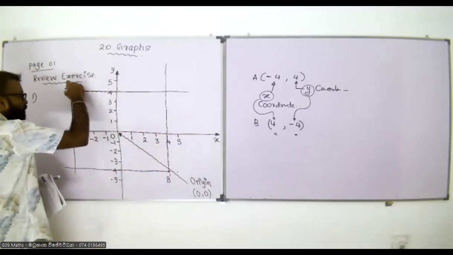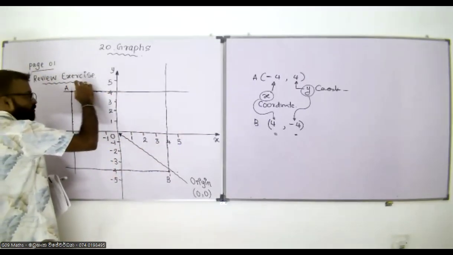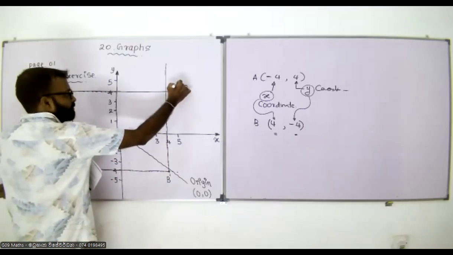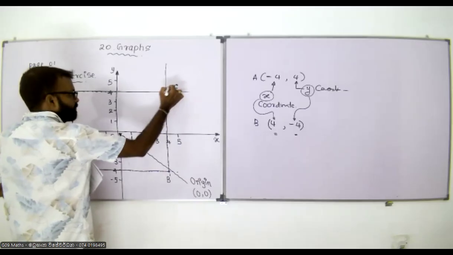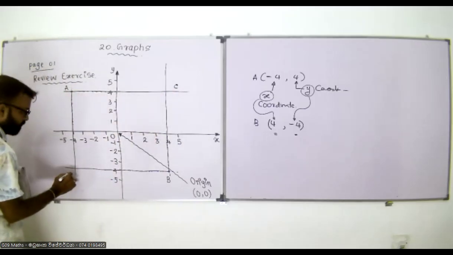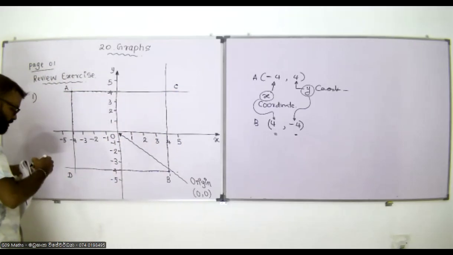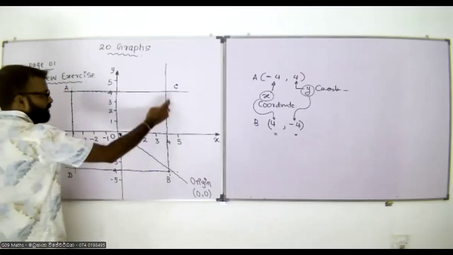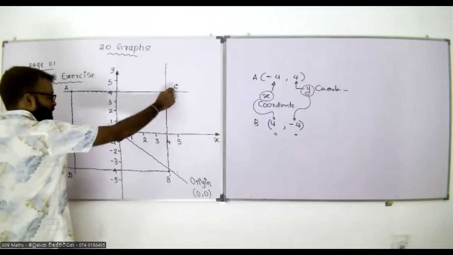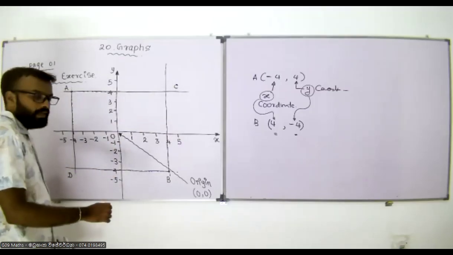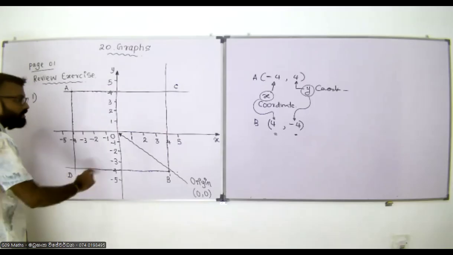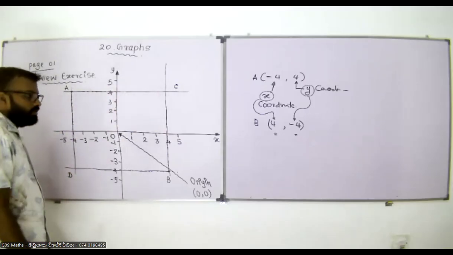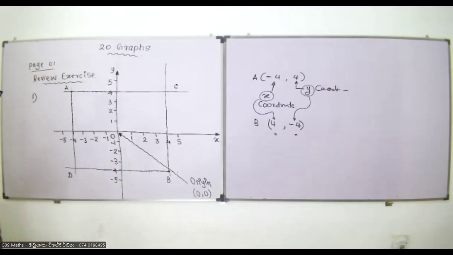Let's say this point is A, this is B, and these two are C and D. ABCD is a square. Sometimes you might take it like this is C, that is D. It's okay.